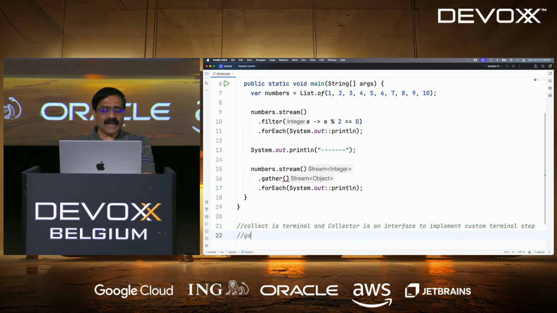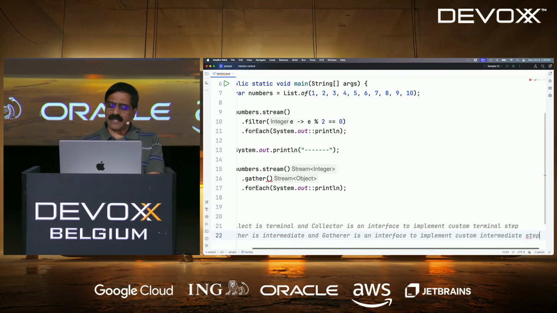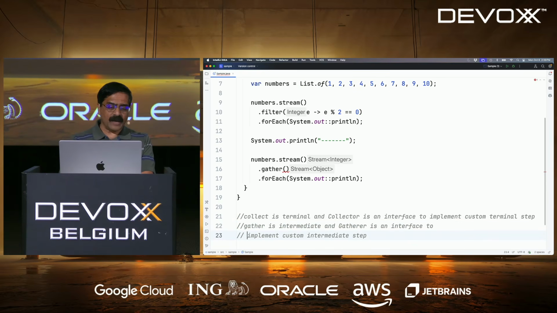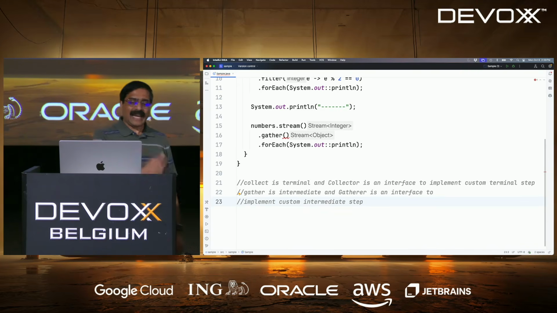Gather is intermediate, and Gatherer is an interface to implement, if you will, a custom intermediate step. That is the parallel concept here. Just like how you would implement a Collector for collect, you would implement a Gatherer for gather.